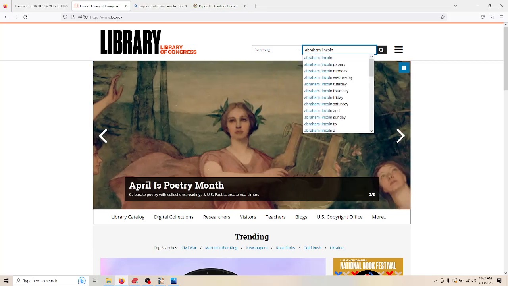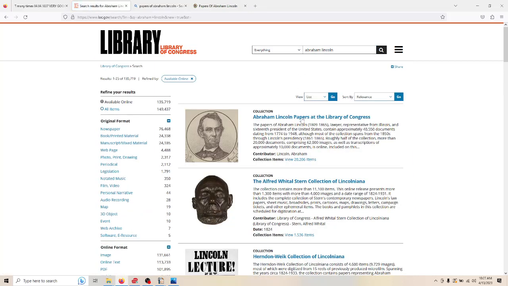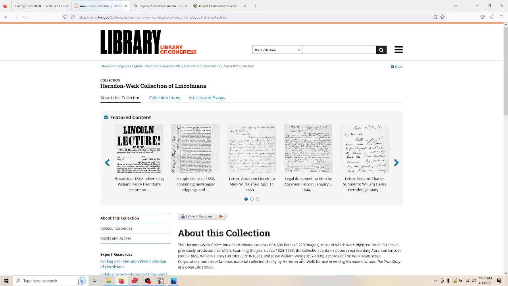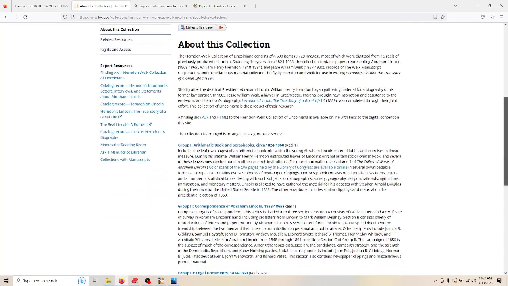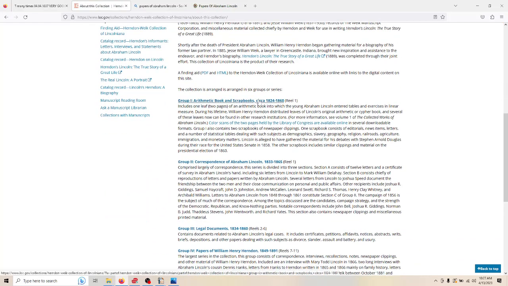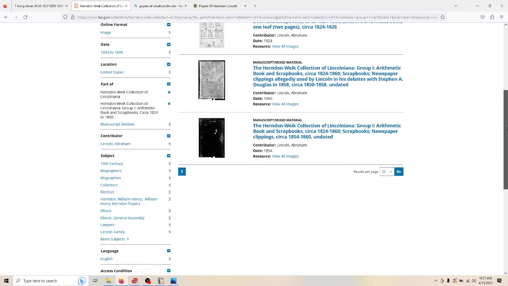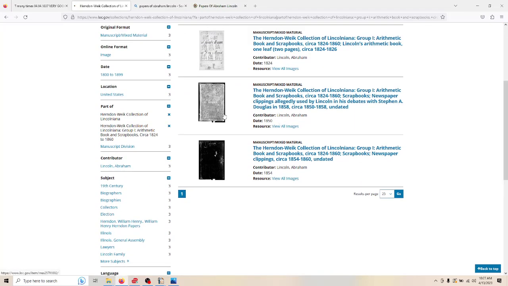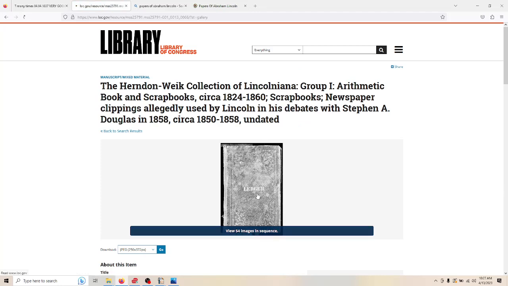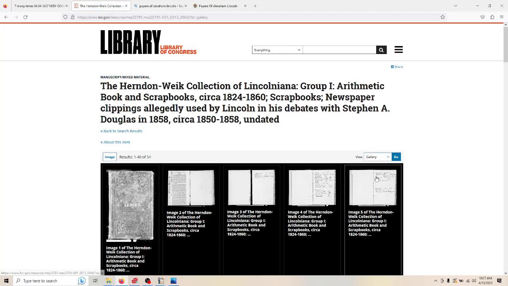their collection. Let's go to one of his collections right here. We can see in one of the first collections of the Library of Congress, yes, he did. He did indeed. Here are two of those examples. I don't know of any other examples, but these two I do know of.